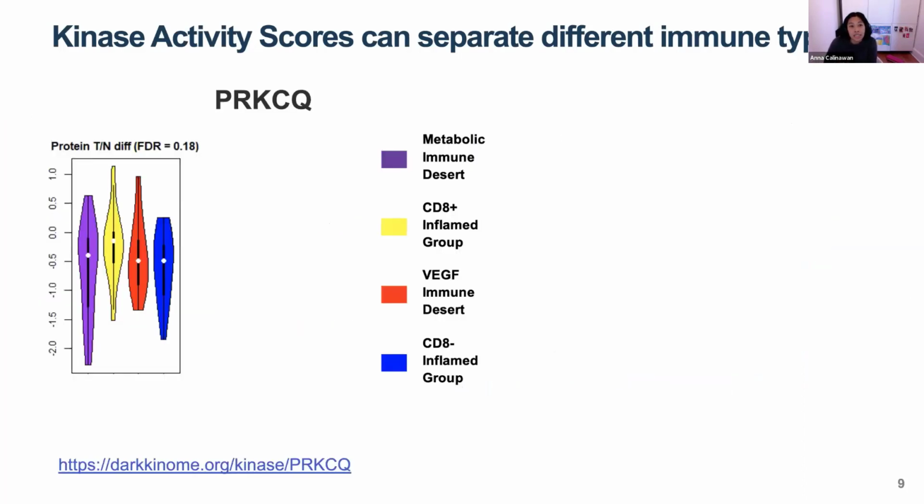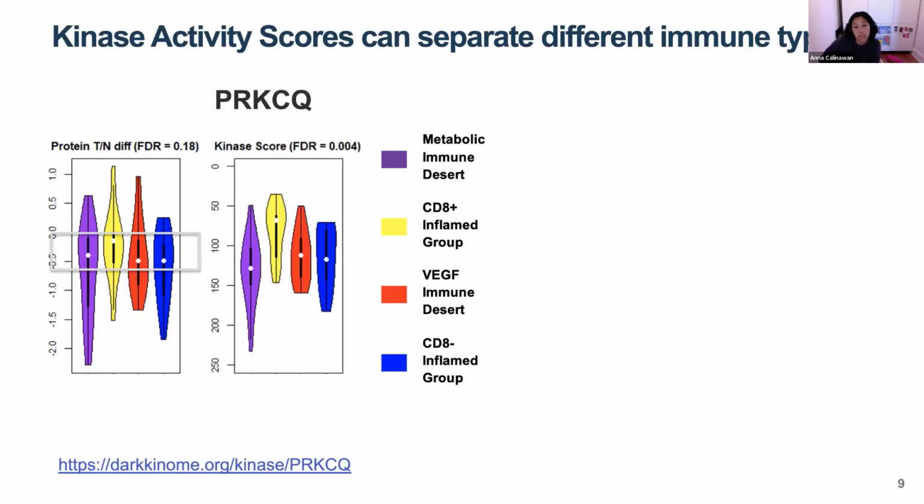This PRKCQ was particularly interesting because, as you can see here in this violin plot, when we take just the tumor over normal protein abundance of this protein across all of the immune subtypes, it doesn't seem to differentiate between any of the immune subtypes in any significant way.